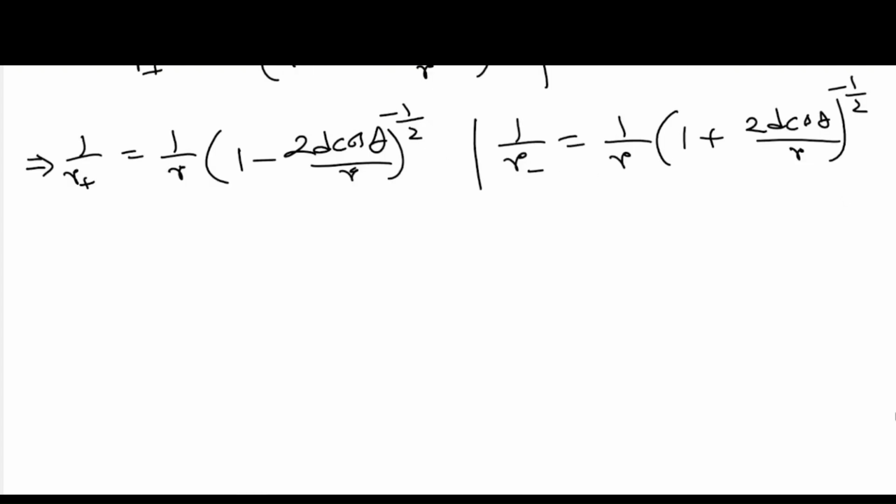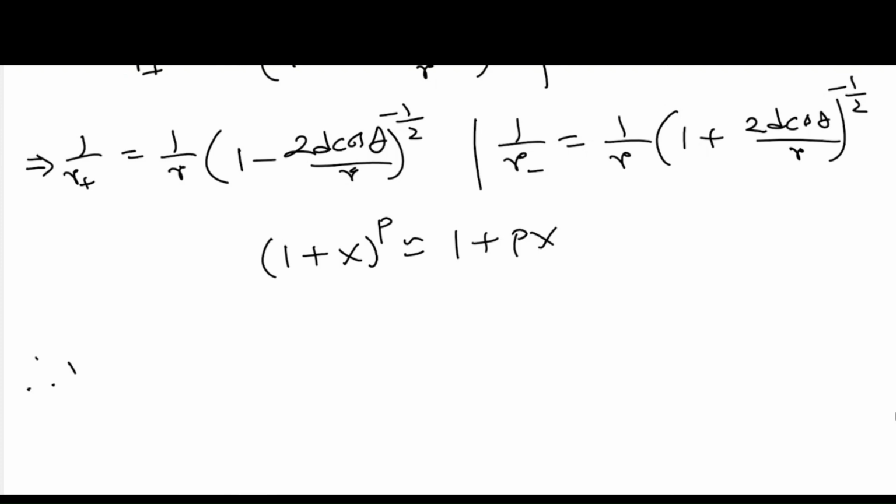So let's plug in this r plus and r minus into our scalar potential together with the binomial approximation, which is when x is very small, 1 plus x raised to p can be approximated as 1 plus px.